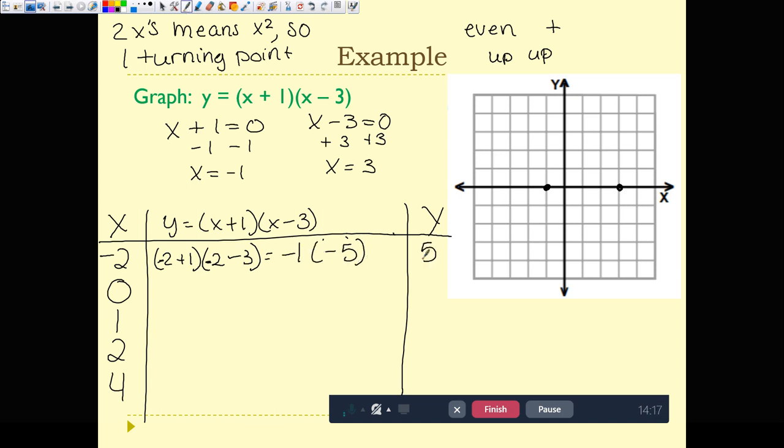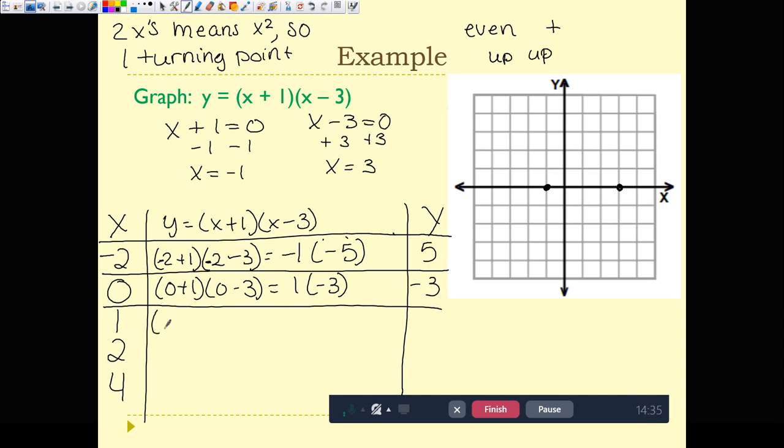Now we're going to substitute in 0. So 0 plus 1 and 0 minus 3. So that's going to be 1 times -3, which is going to be -3. Substitute in 1. So that's going to be 1 plus 1 and 1 minus 3, which will be 2 times -2, which is -4.